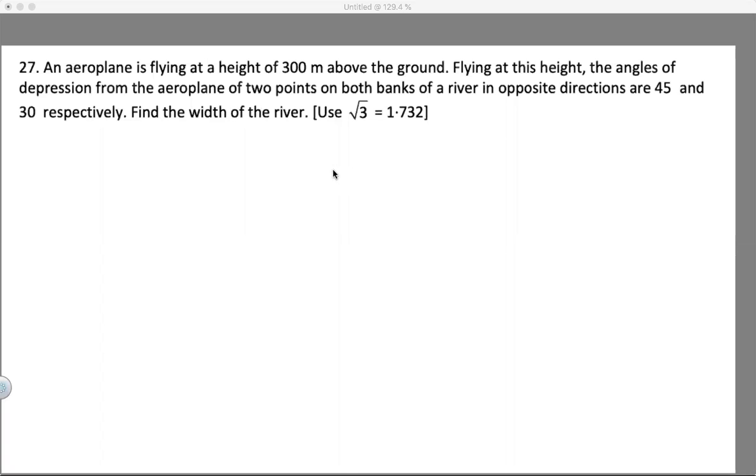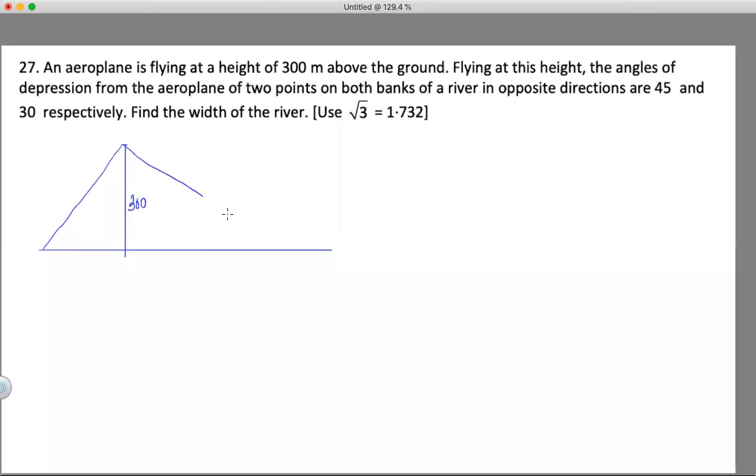So now we have to sketch it first. So here is the aeroplane at a height of 300 meters. It is looking at the banks of a river on either side. One bank is on this side and one is on this side.